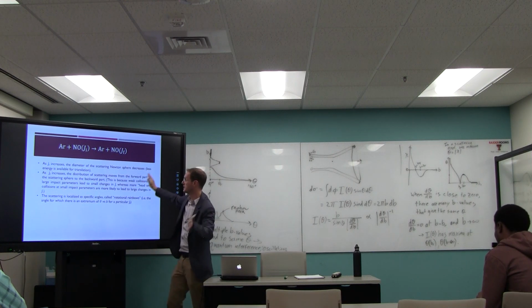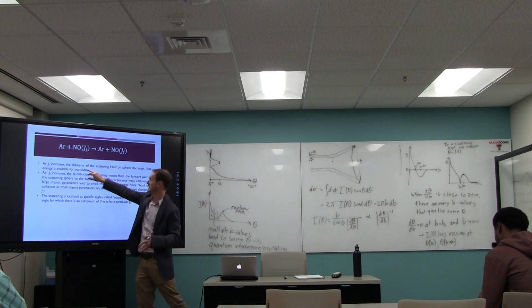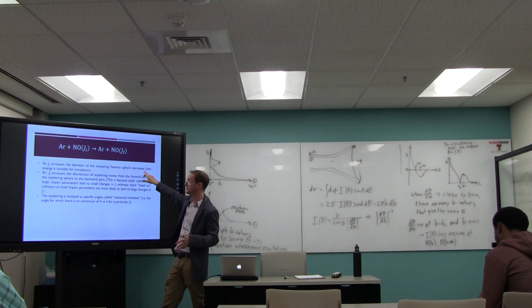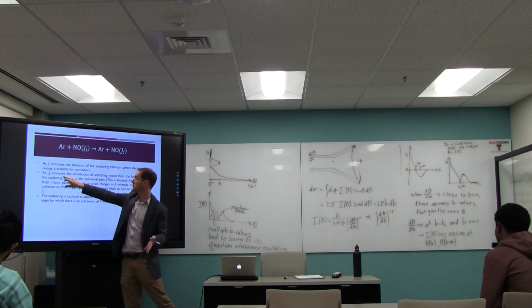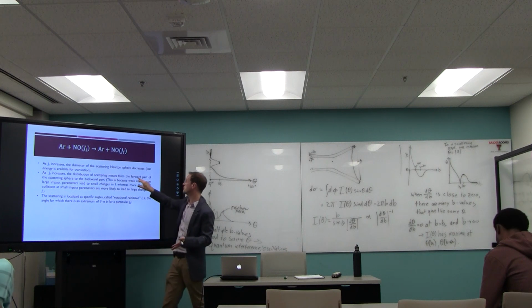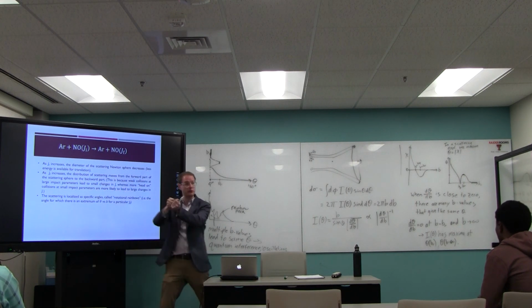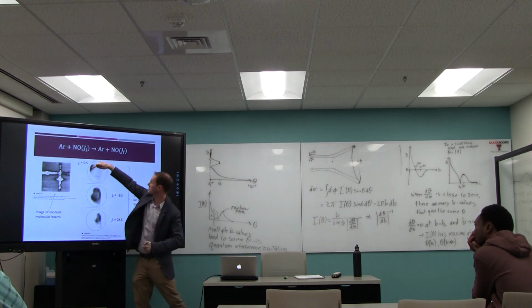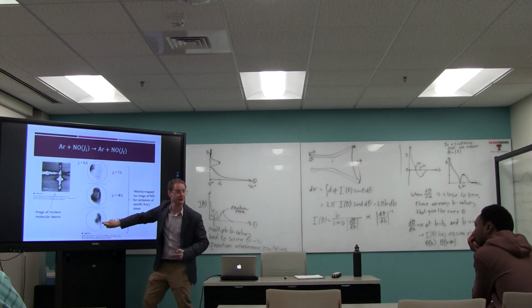A few facts about this picture: as the final J increases, the diameter of the scattering Newton sphere decreases because there's less available energy for translation. As the final rotational energy increases, the distribution of scattering moves from the forward part of the scattering sphere to the backward part.